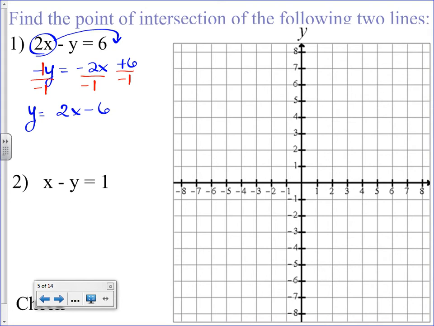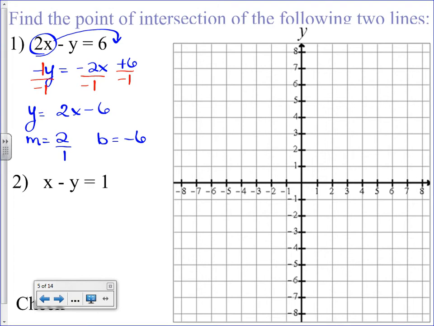Anyone have any questions, or are we okay? All right, Autumn, what is my slope here? Just 2 over 1. And what is my y-intercept? Okay.